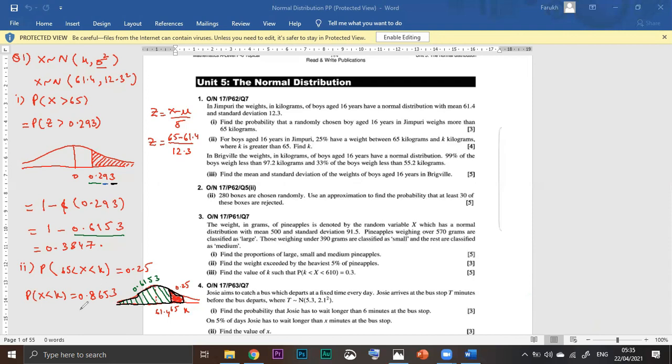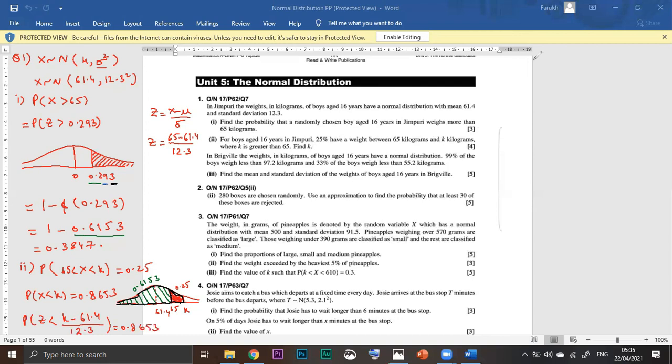Now, we want to find the value of k. We have the probability 0.8653. We will use the table in reverse order to find the value of z. First of all, we will convert this one into z. Probability of z less than k minus 61.4 divided by 12.3 is equal to 0.8653.